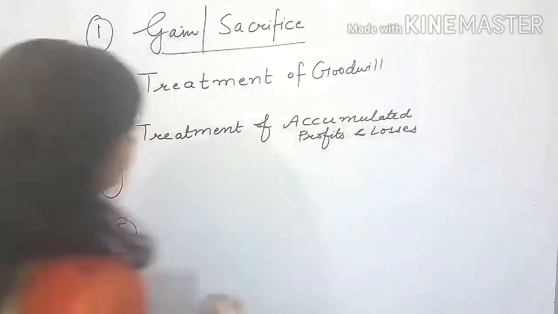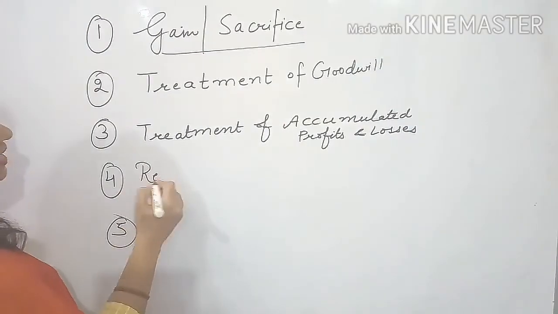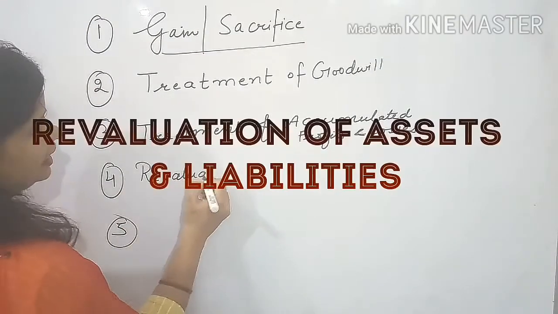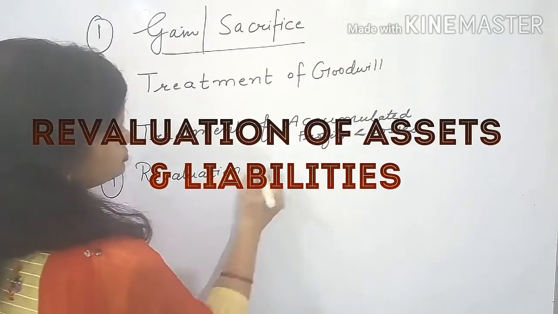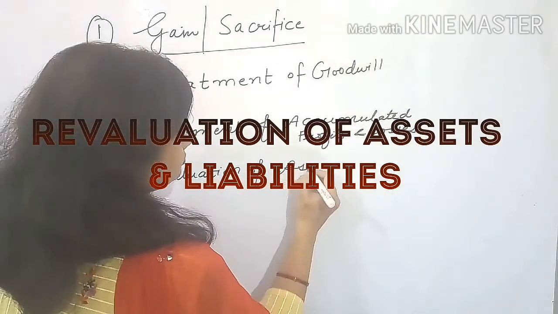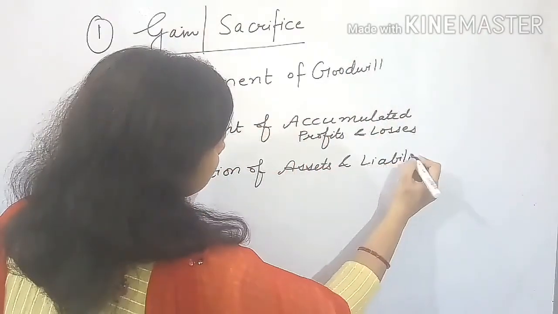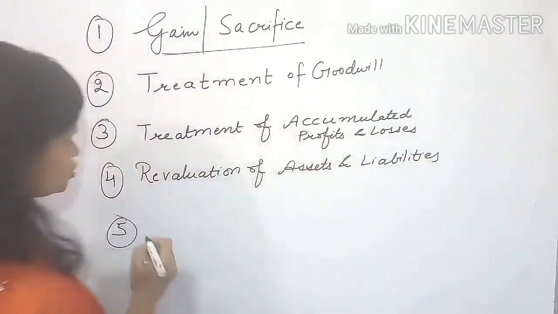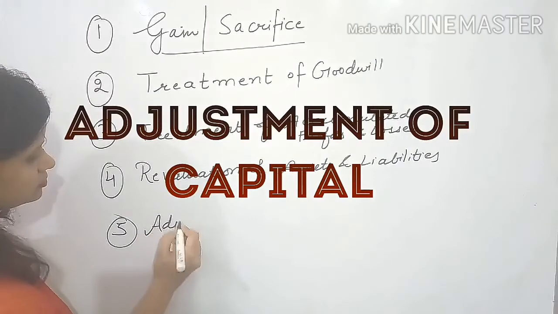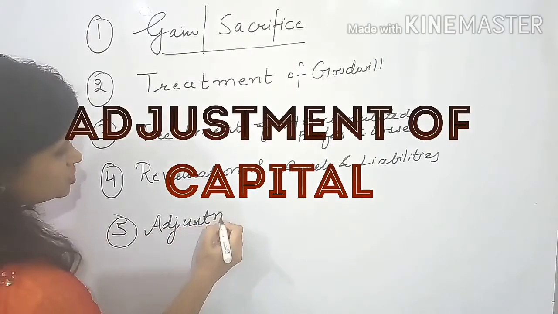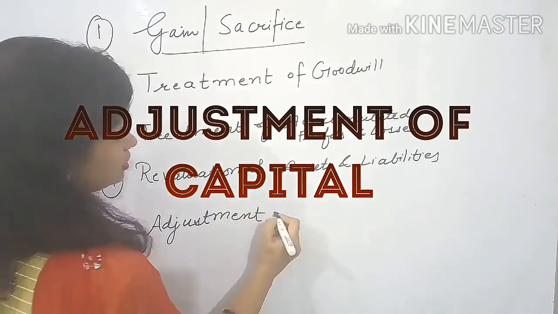The fourth step will be revaluation of assets and liabilities. And the last will be adjustment of capital.